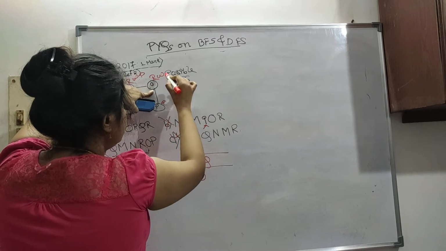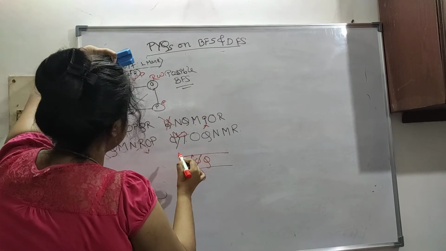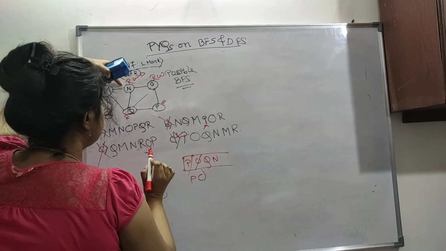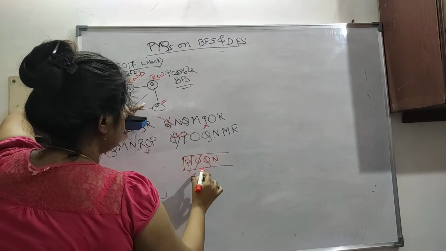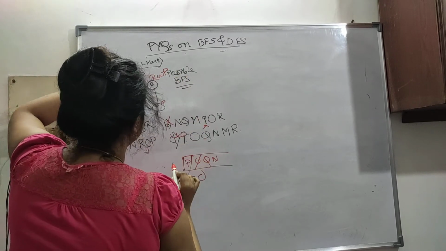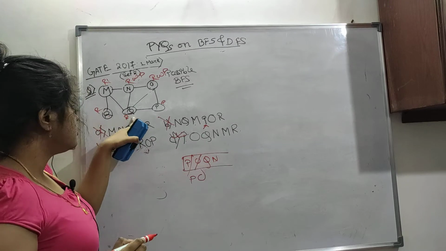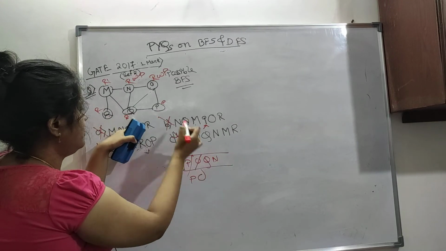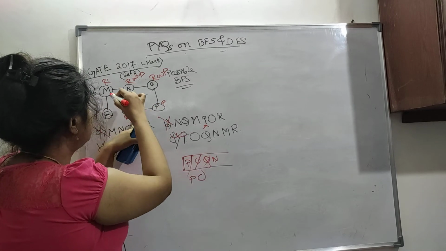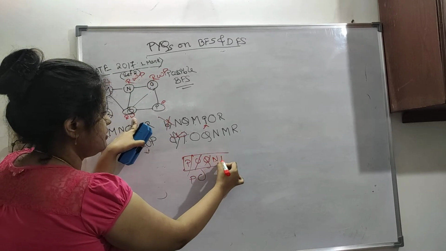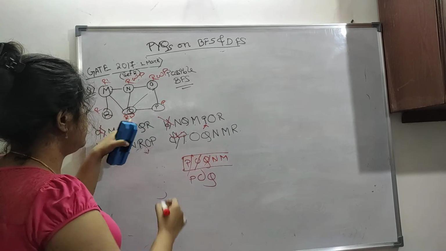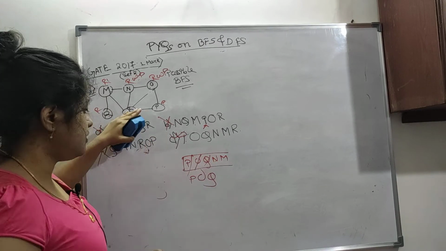Now adjacent to O is N, set in Q, so this is possible. Now this is processed. Now Q is here, then Q is deleted, and adjacent to Q only M is adjacent, so Q is dequeued and M is here. So now Q is done fully.